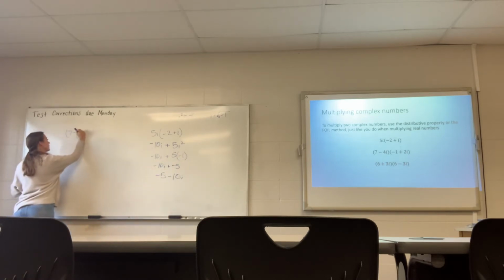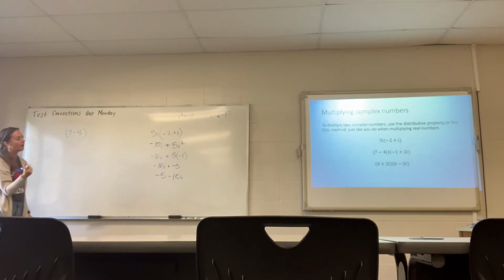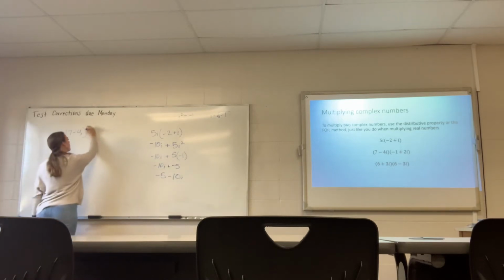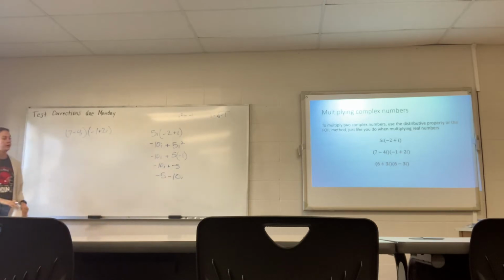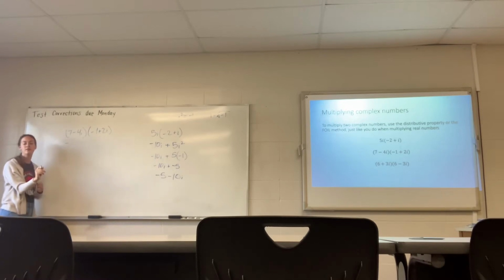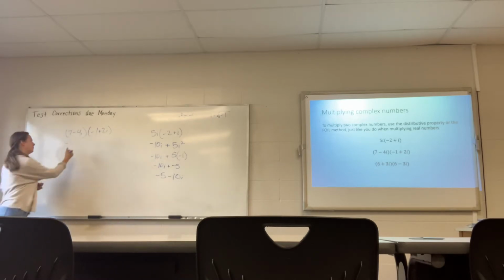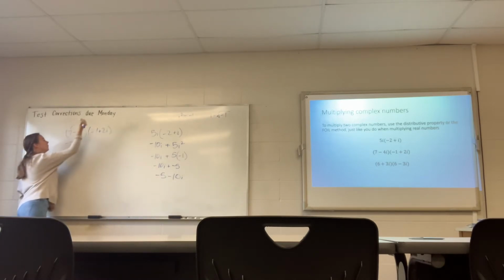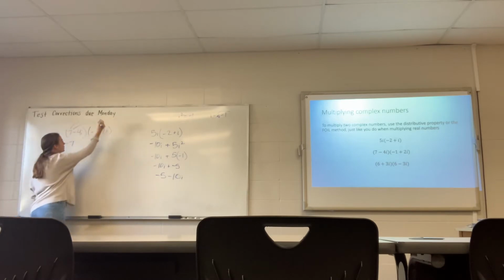All right, so this one I have 7 minus 4i, and then -1 plus 2i. All right, Kaden, go ahead and help me FOIL. 7 times -1 is going to be -7, okay, then what? 7 times that 2i, which is? 14i.